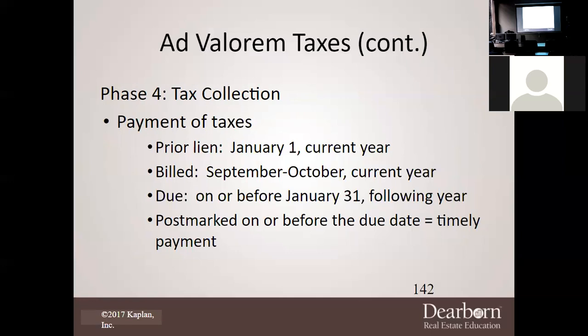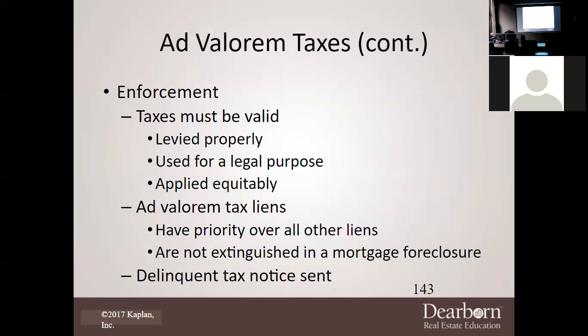Okay, means you're paying behind, not forward. And it must be postmarked on or before the due date, and you must have timely payment. Taxes must be valid. They will be levied properly, and again, it has to be used for legal purposes and applied equitably.